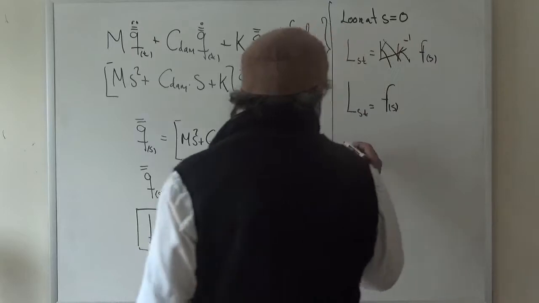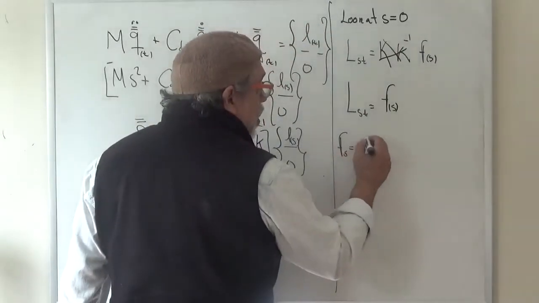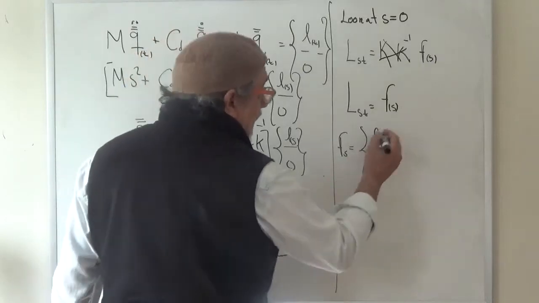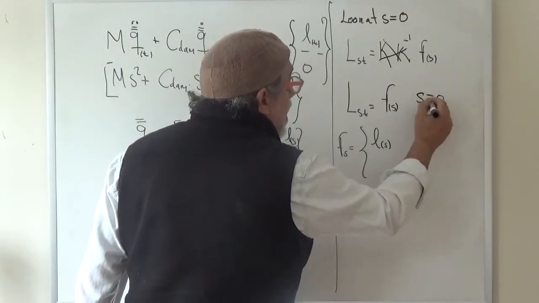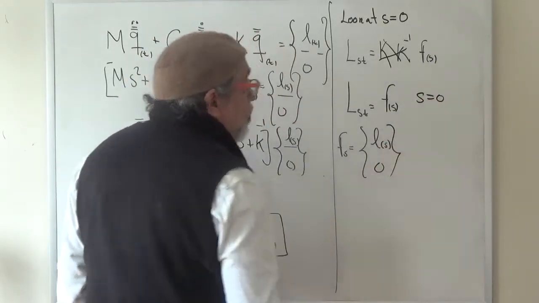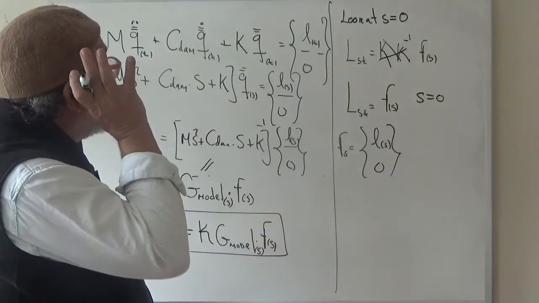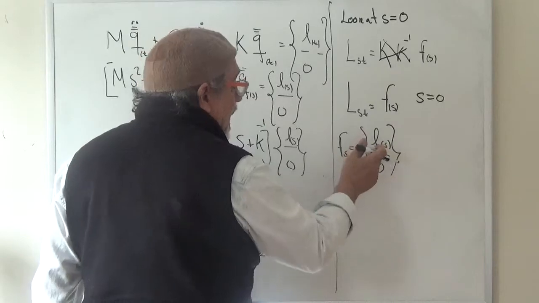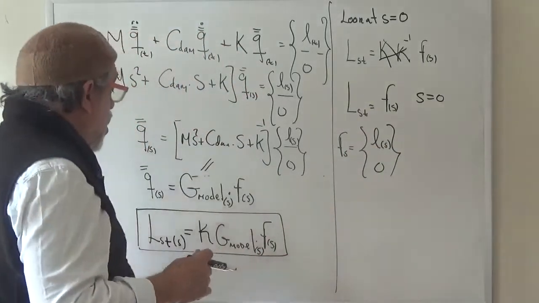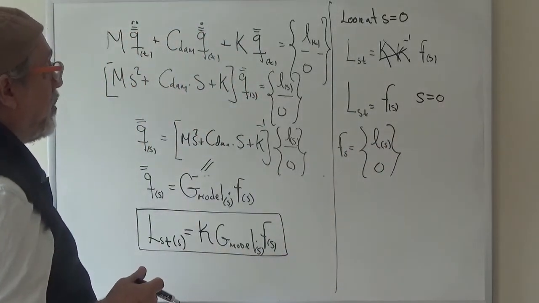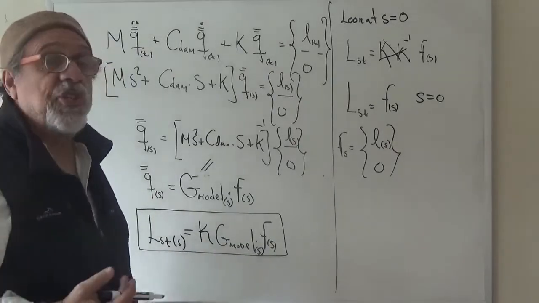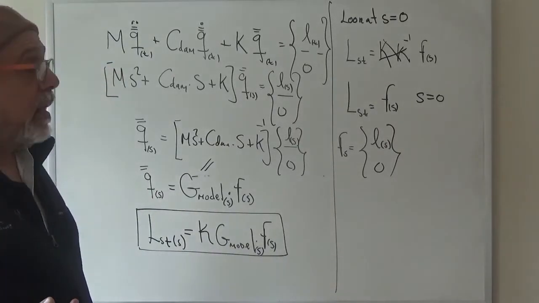And what is Fs? Fs is equal to Ls, right? That's 0 and zeros. And what is Ls? Ls was the null space of the change in the transfer matrix. But the change in the transfer matrix at S equal to 0 is just the change in the flexibility, right?